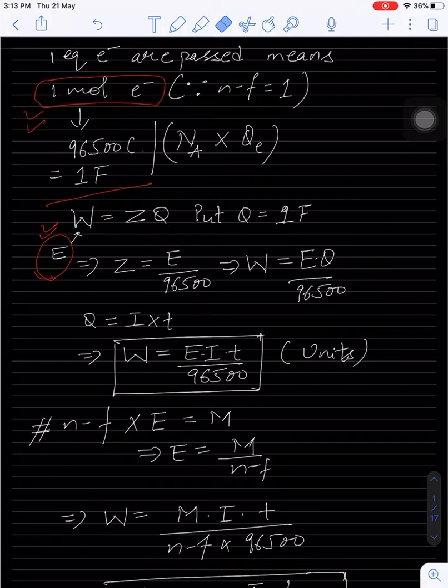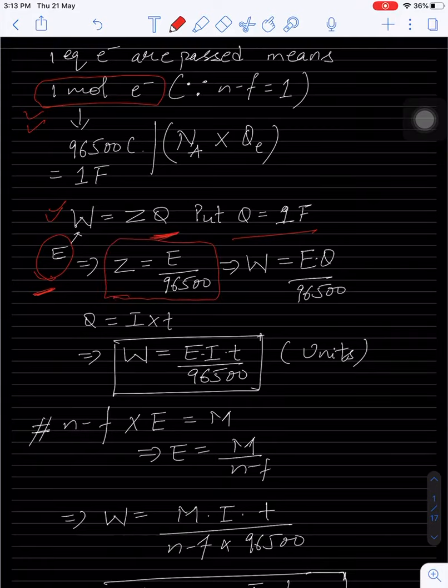So clearly what we are saying is, if we put Q equal to 1 Faraday or 1 mole or one equivalent of electrons, it will produce one equivalent weight of the matter or the substance, that is represented by E. E is the equivalent mass. So this implies Z equal to E upon 96500.